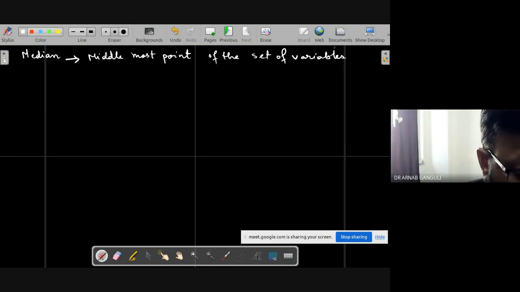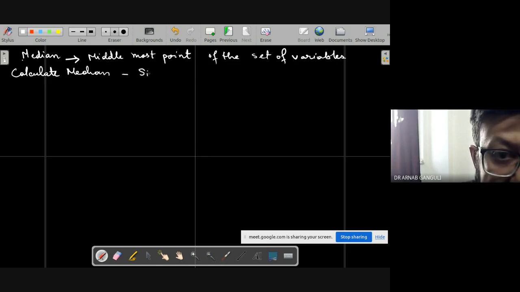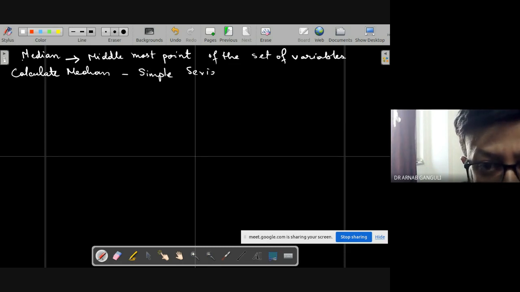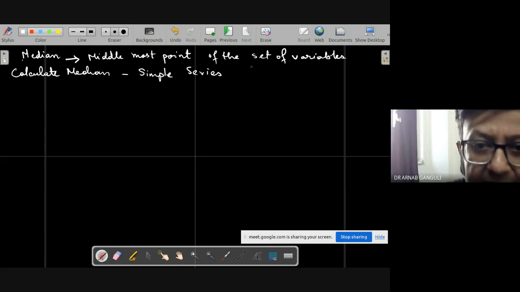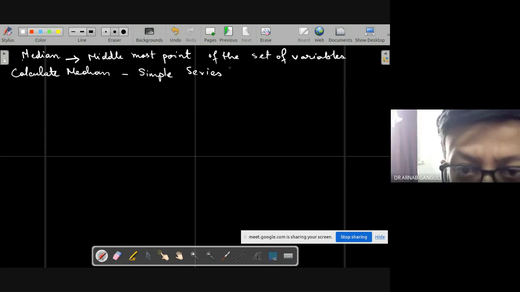Okay, so how do you calculate median? How to calculate median? You have it as a simple series, in the case where you use ungrouped data.